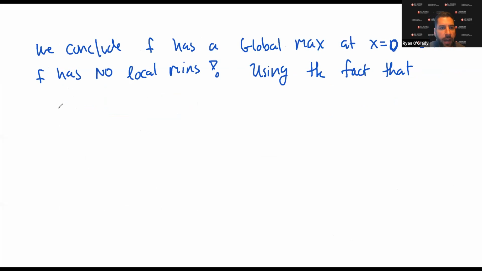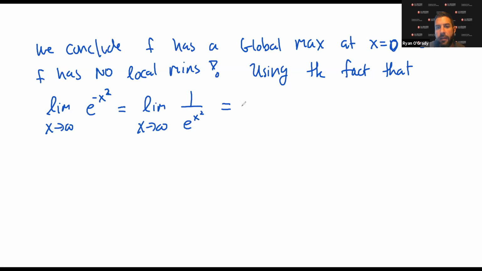So using the fact that the limit as x goes to infinity of e to the negative x squared, which is of course the same thing as the limit as x goes to infinity of 1 divided by e to the x squared, equals 0. And of course, for the same reason, if you go to negative infinity, this happens.